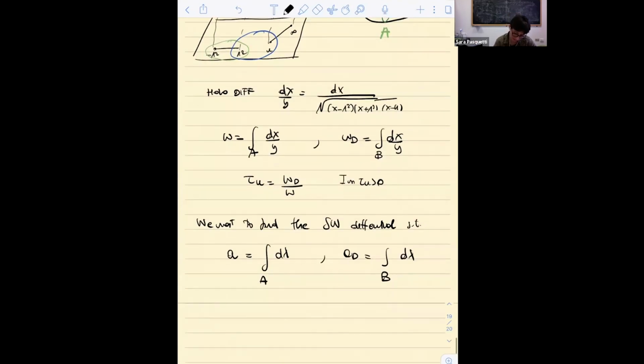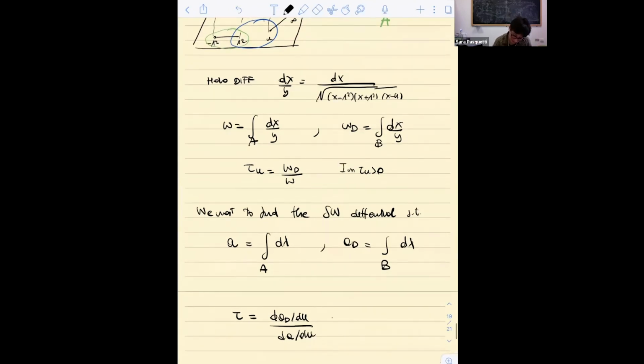And then I can define tau as dA dual in du over dA over du, and identify this with the tau of u, that is what we are guaranteed has a positive imaginary part.